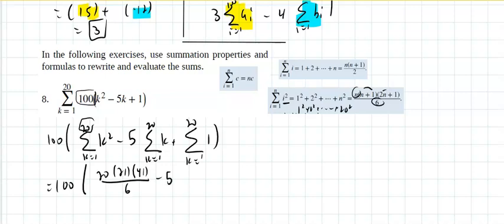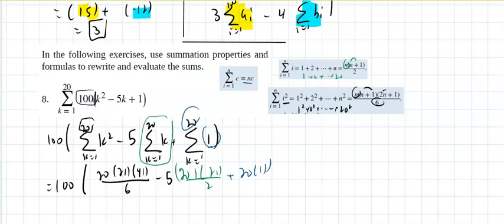Minus 5 times, when I work this out, this is taking 1 plus 2 all the way to 20. So that's 20 times 1 more, 21, divided by 2. And if I get to the last piece, that's the constant part. That is simply 20 times 1, and that will be this summation.